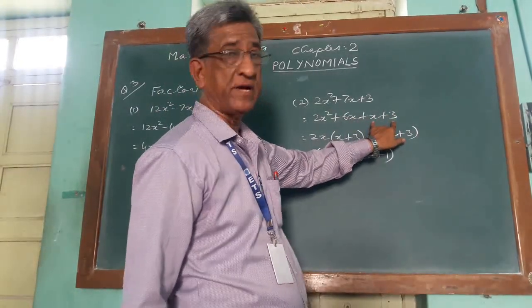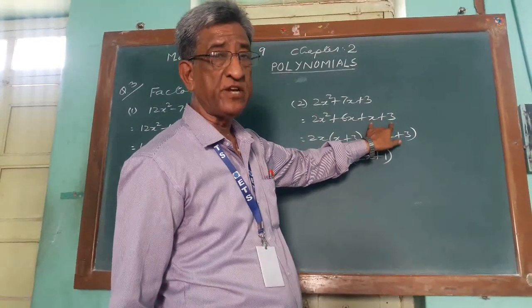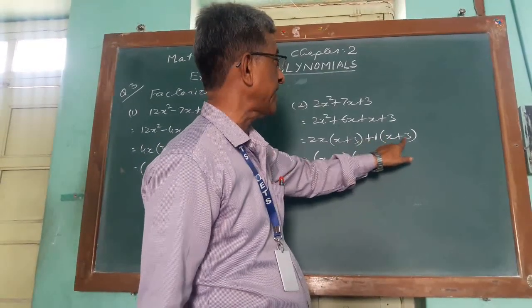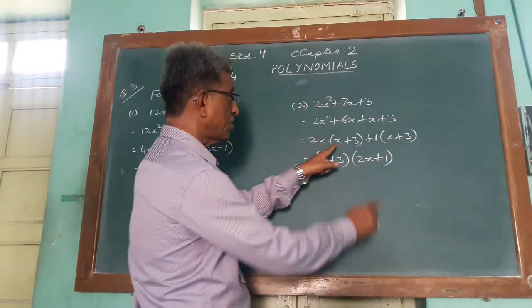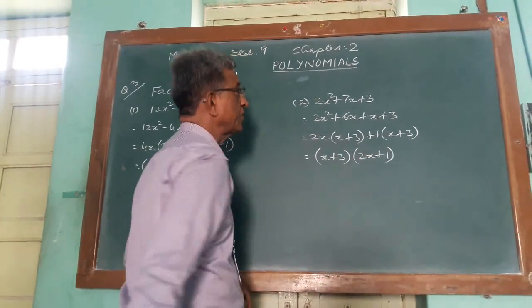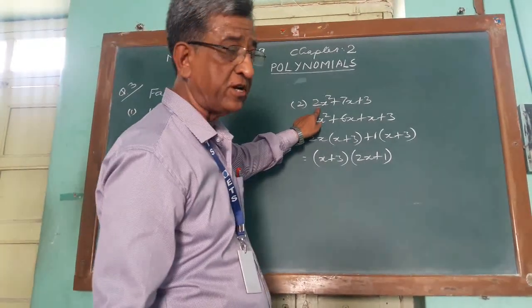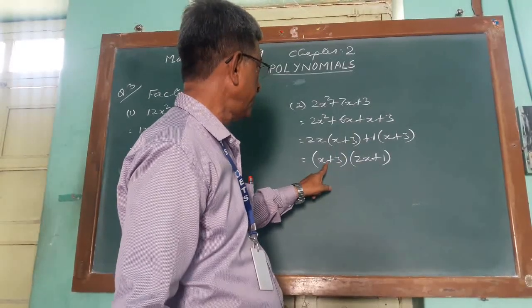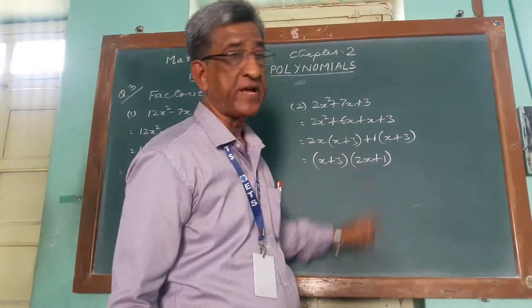Here nothing is common. If nothing is common, you have to take 1. So plus 1 is common in the bracket x plus 3. So both the common bracket x plus 3 here and 2x plus 1 here. So factors of the polynomial 2x square plus 7x plus 3 are x plus 3 and 2x plus 1.